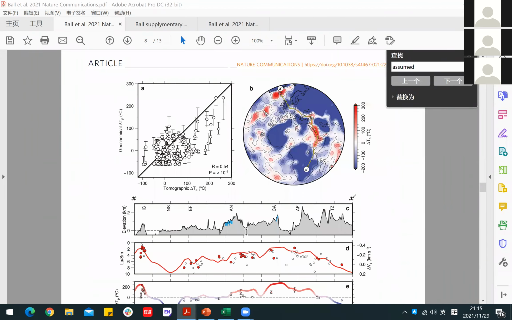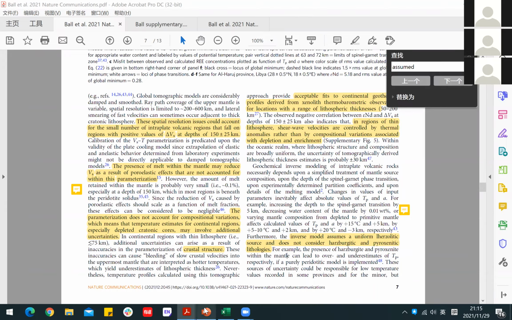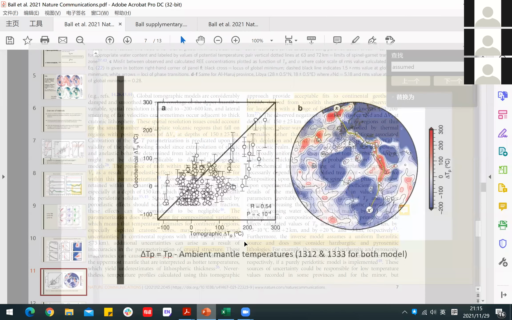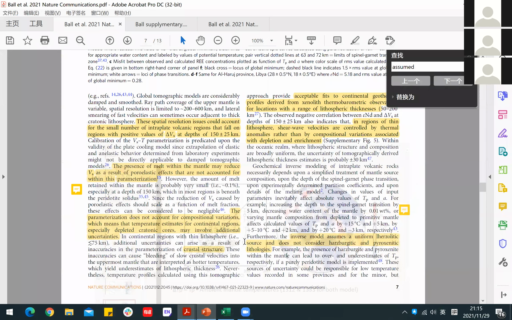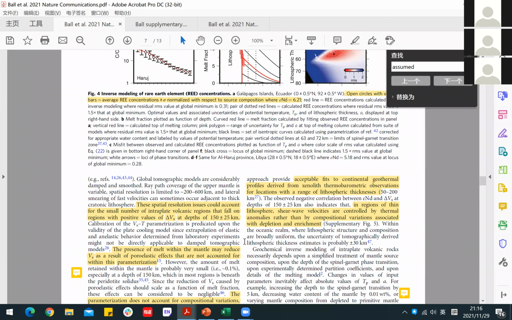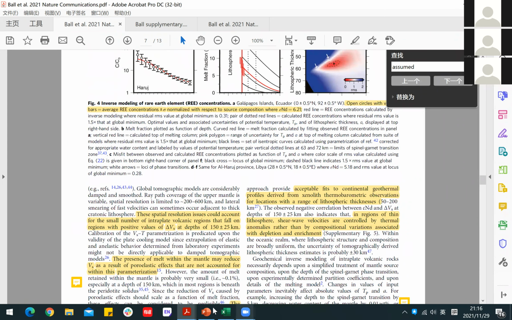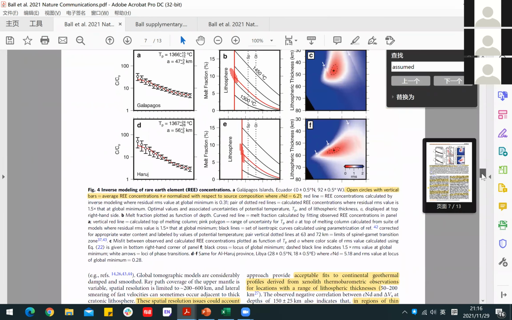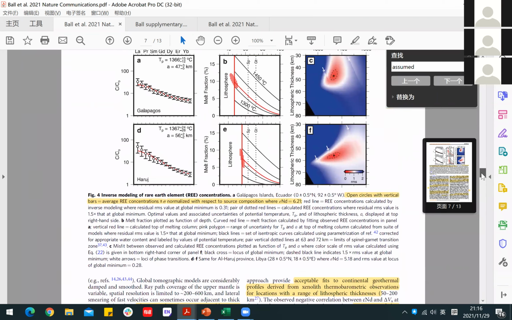And how did they get the depth constraint from geochemical data? Like those volcanic rocks, how did they know the source depths? Where those volcanic rocks come from, the depths. Oh, is it possible to get the depths from geochemical data?